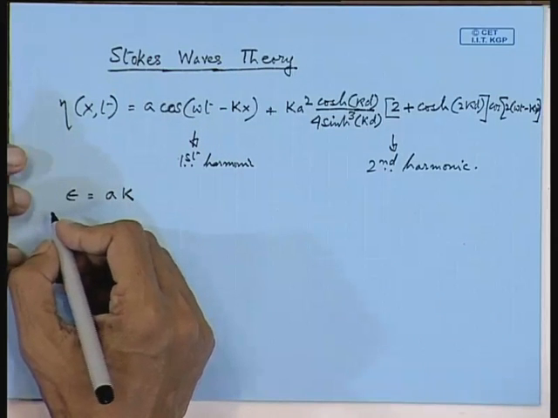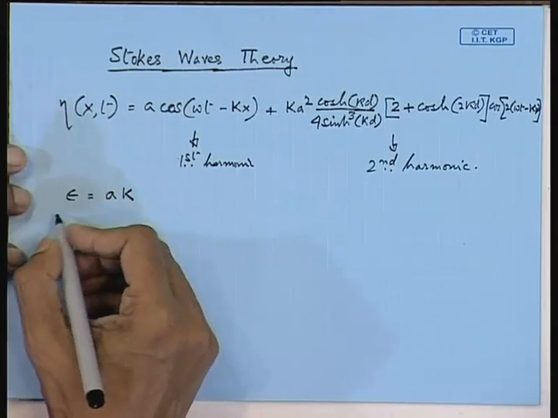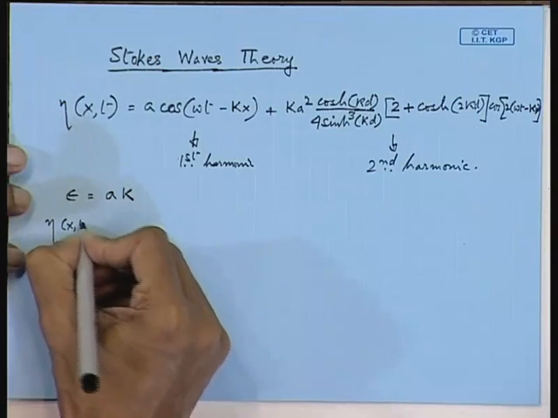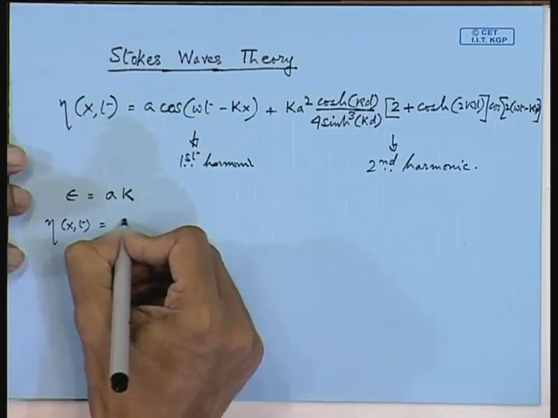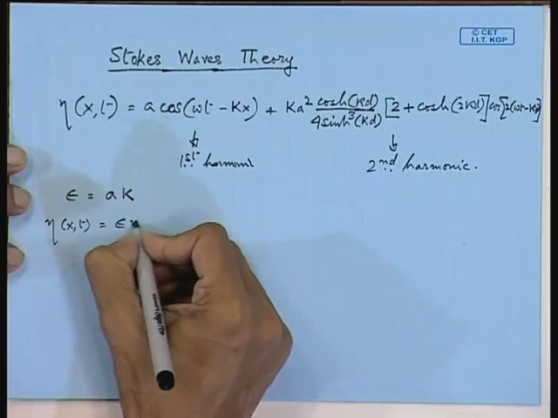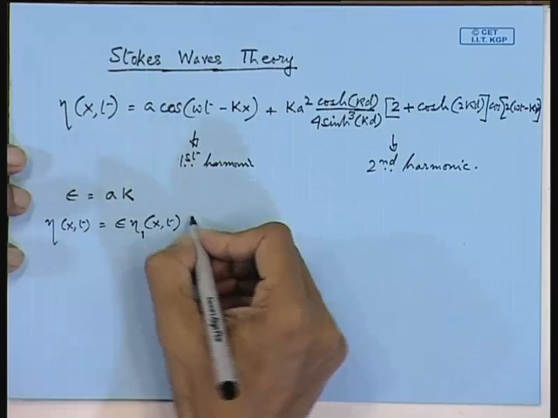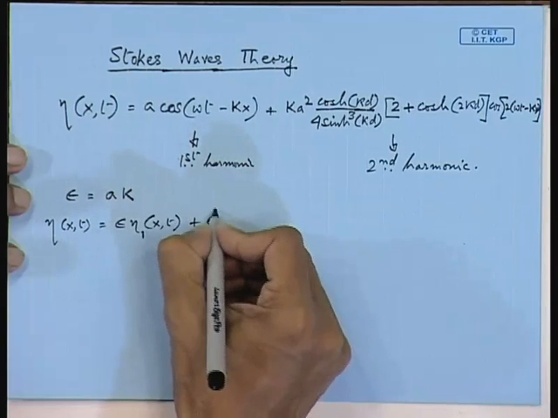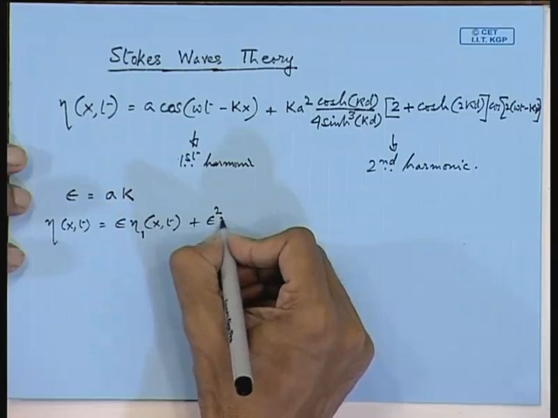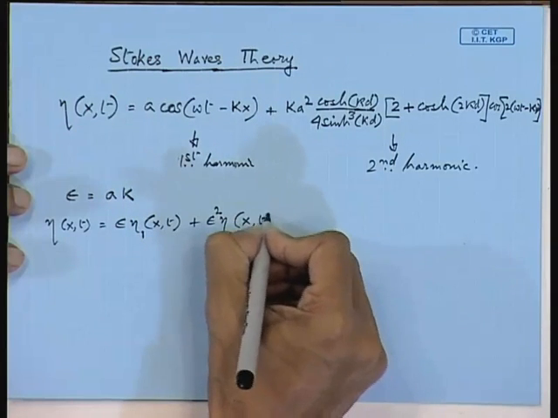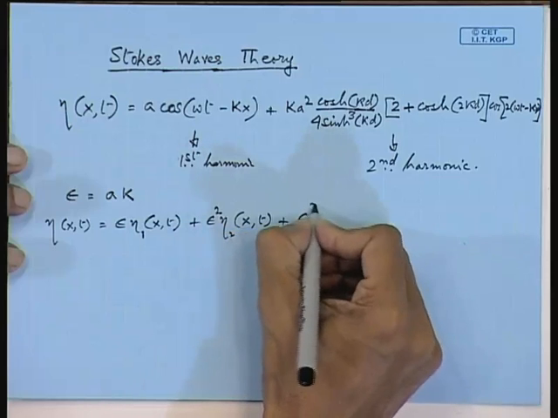Now, you can keep on doing this. Say your third harmonic will be epsilon like this, etc., plus epsilon square eta 2 x, t, plus. So, like this you can go on.